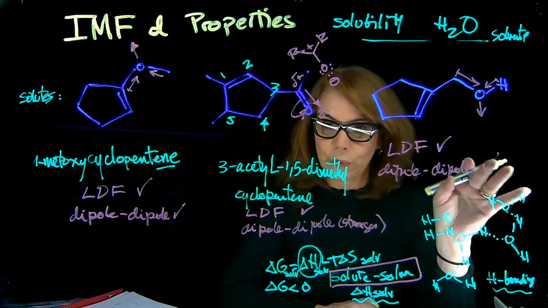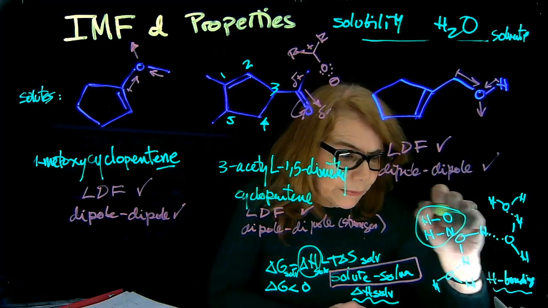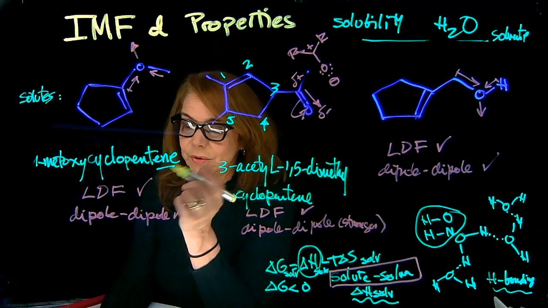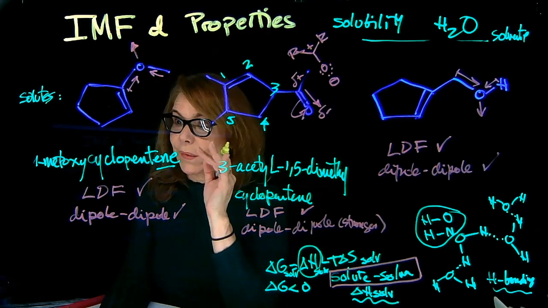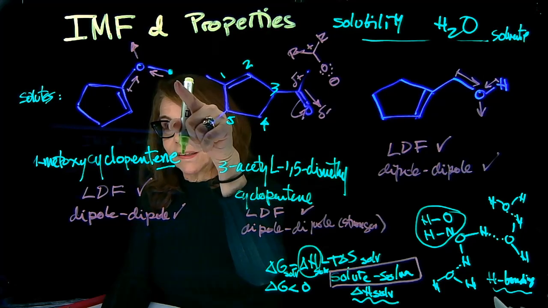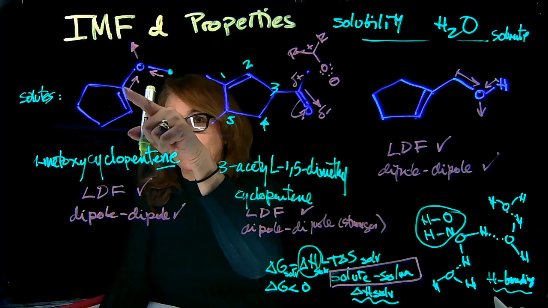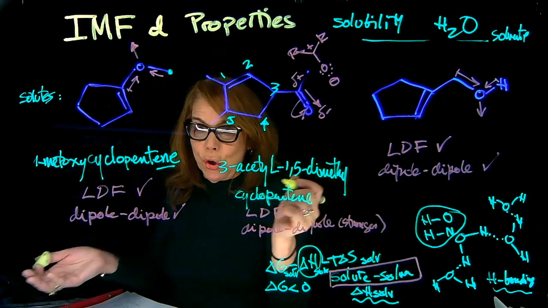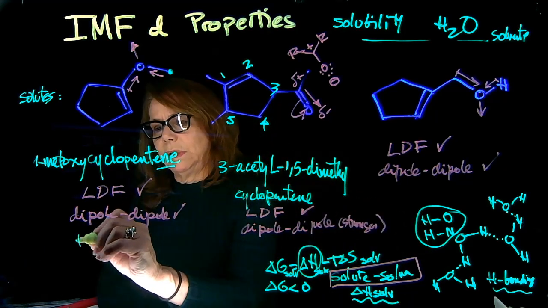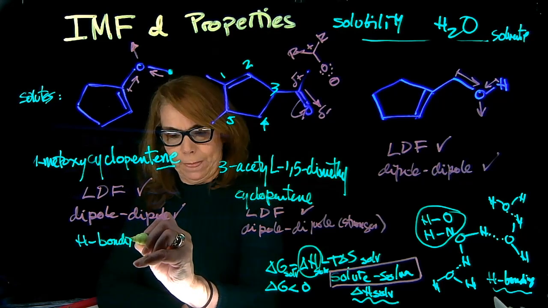Of course, fluorine also works, but in organic molecules, this is what we will be looking for. So do I have the possibility of hydrogen bonding in this molecule? I do not, because here I have 3 hydrogens, but they are attached to a carbon. Same here. And here you don't have a hydrogen. So no H is attached to O, so hydrogen bonding, I'm going to cross it. So I don't have that.